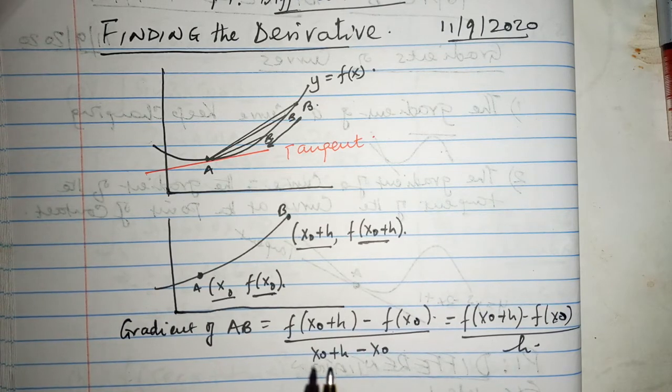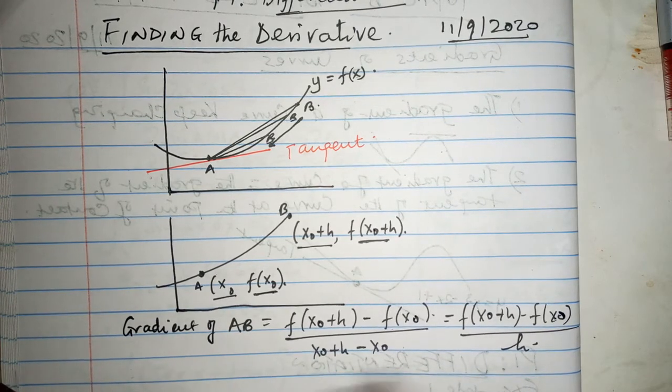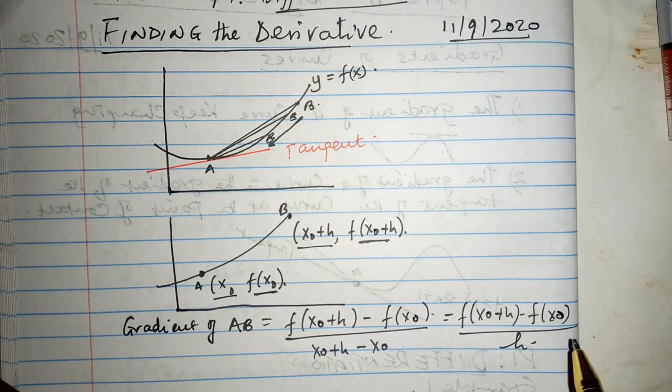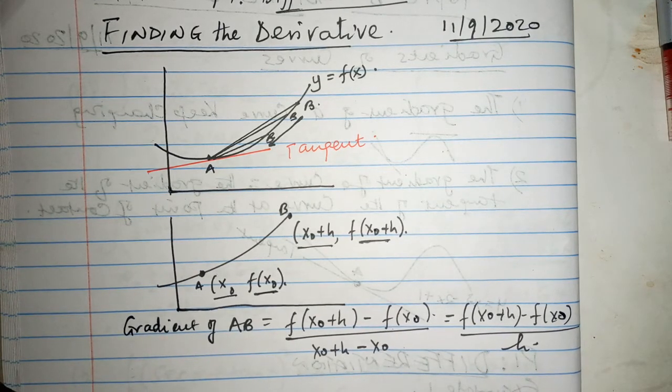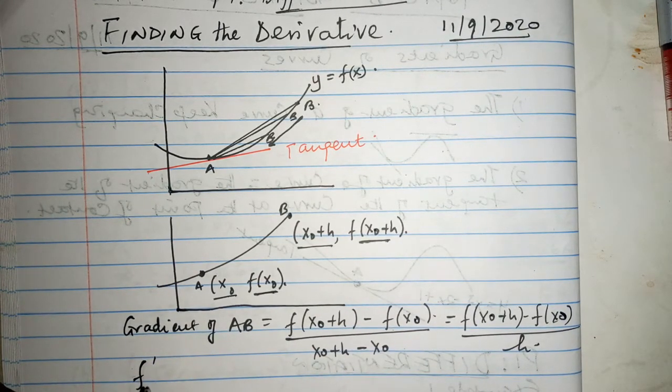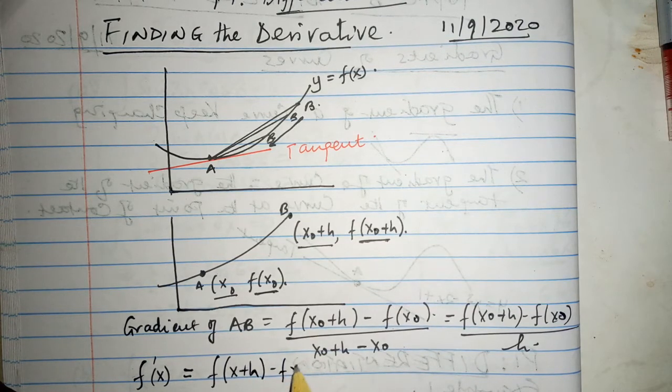If we ignore the x naught and make it as general as it could be, then the derivative is always given by f(x plus h) minus f(x) all over h.